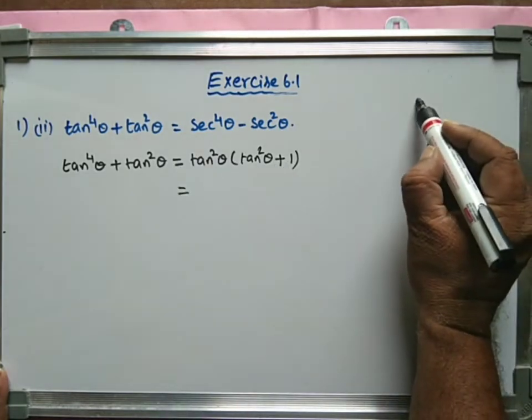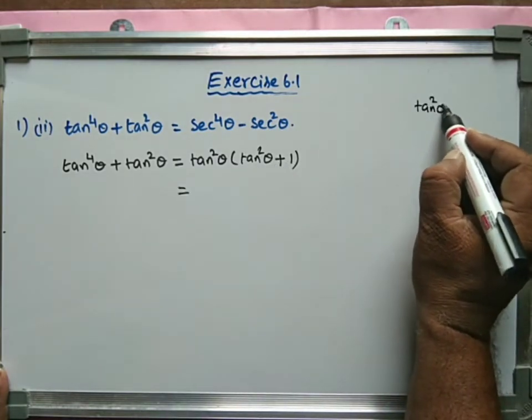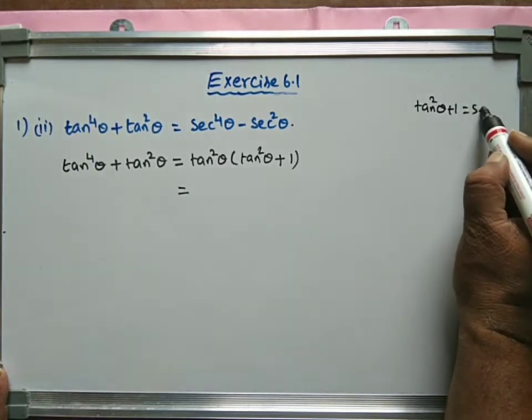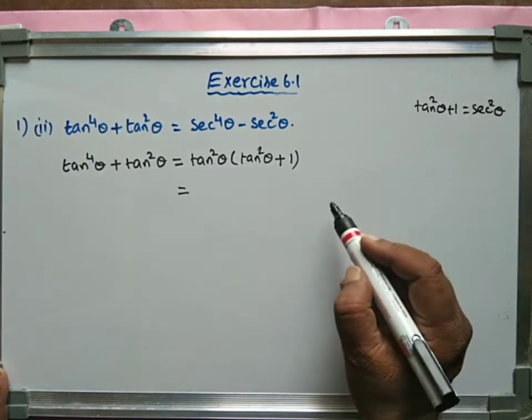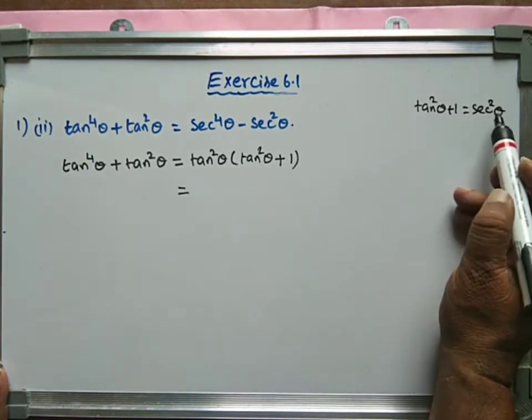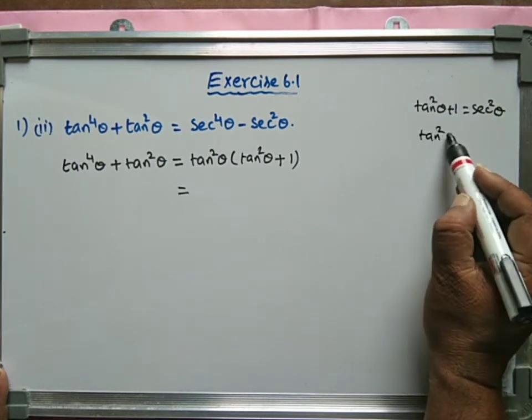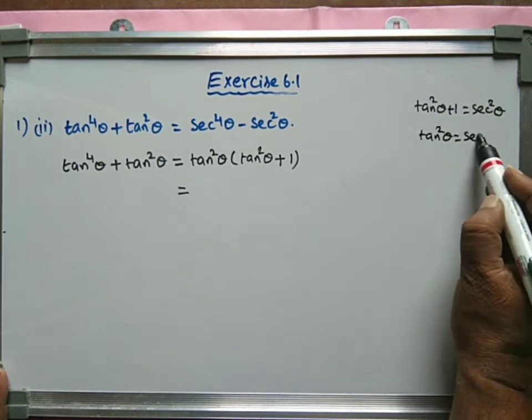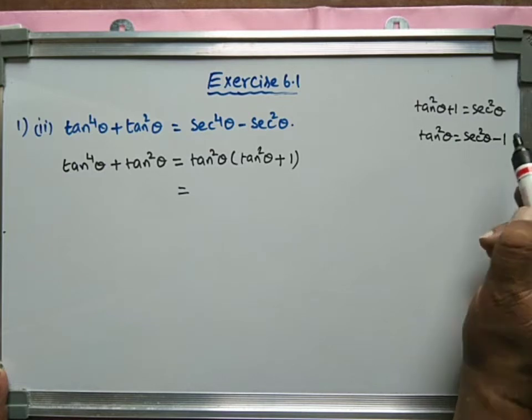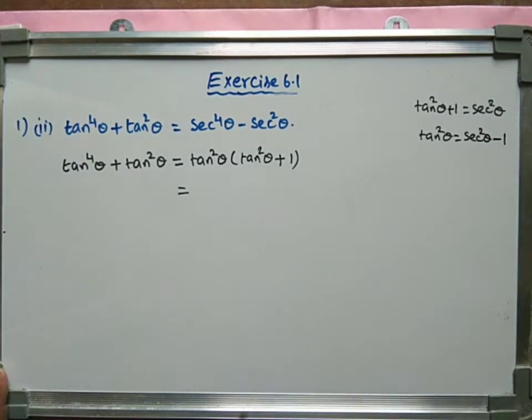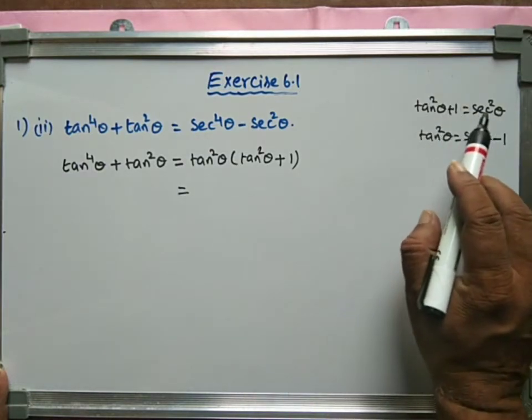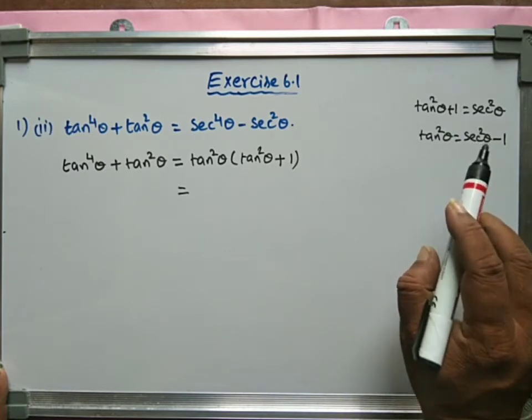Now we go for the identity. What is it? tan square theta plus 1 equals secant square theta and if we take this 1 to RHS, we get tan square theta equal to secant square theta minus 1. So these are the two substitutions we are going to use to solve the problem.